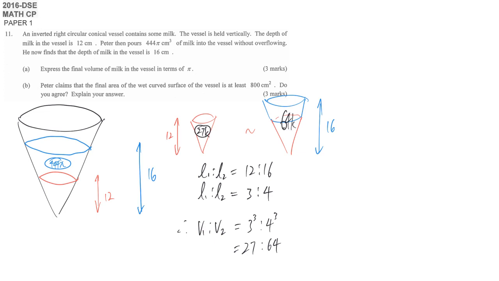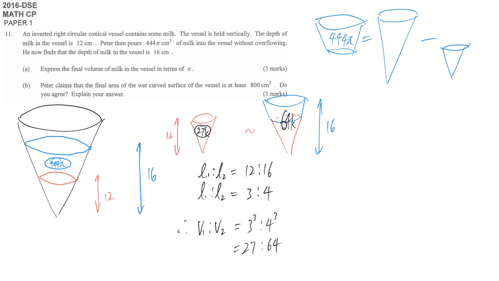What they tell you is the blue part. This frustum is 444 pi. And how we get this frustum is we use the total height and then we subtract the smaller cone. That's how we get the volume of the frustum.